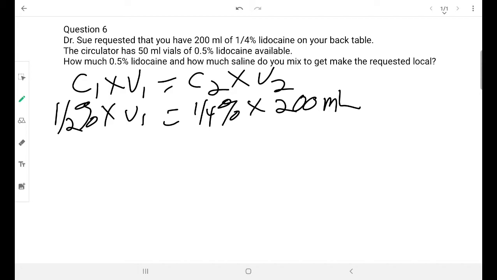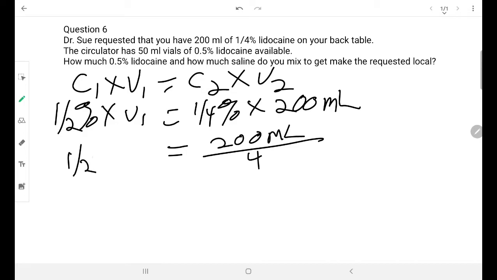All right, so we're going to first start off by multiplying on our right side here. So that is going to be 200 milliliters over 4.